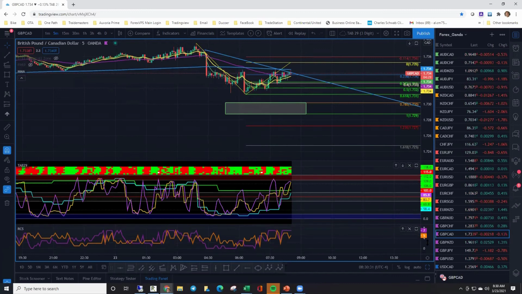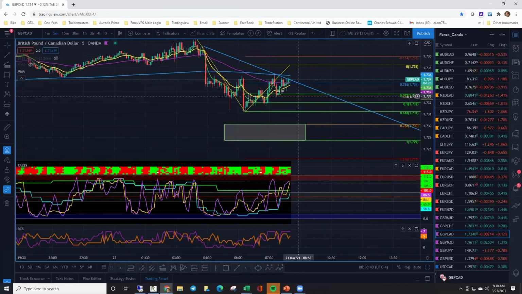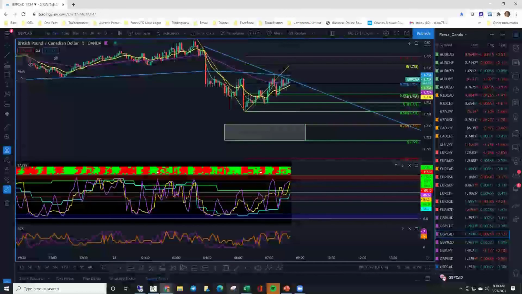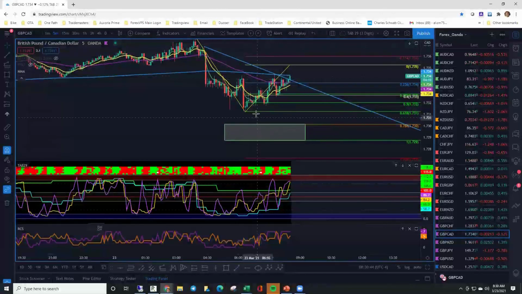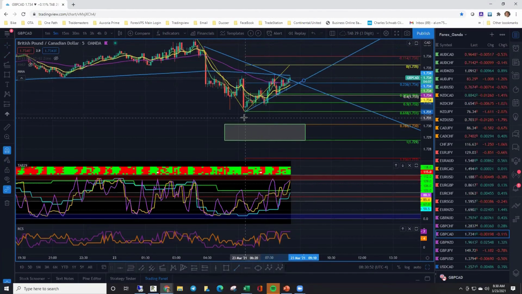And we have a little bit of strength on the British pound. It's quite a bit stronger, not a whole lot. But I'd be more apt to say if we can get a break of this trend line. Just make this little channel right here.